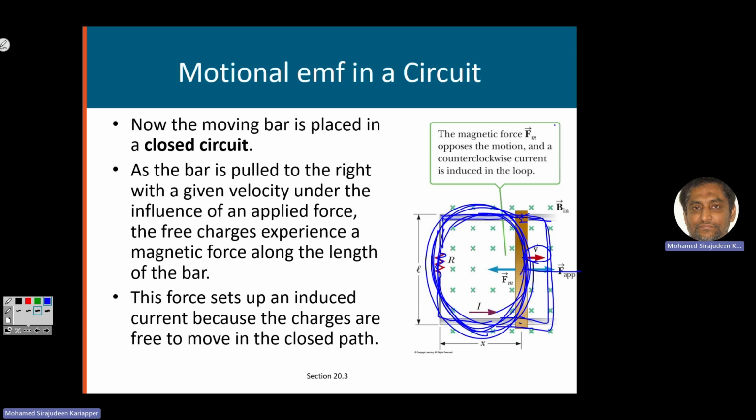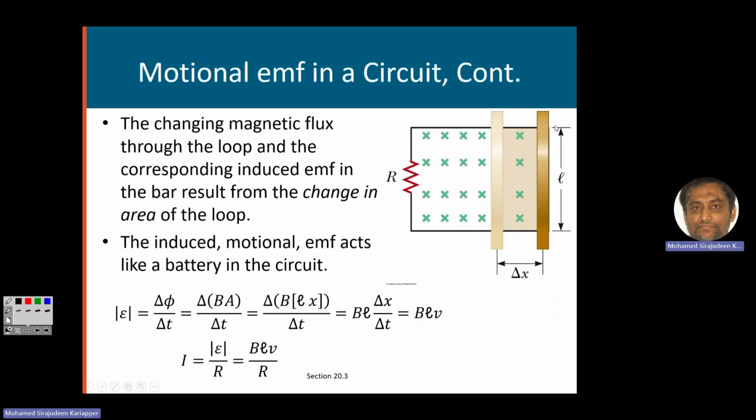So the flux is changing through the loop, not by changing B, not by changing theta, but by changing the area. So it's a motional EMF. We get the motion. Now we are putting the foundation for the generator, but it will come in the next section. So here you understand how we get the EMF by moving the rod on a closed path.